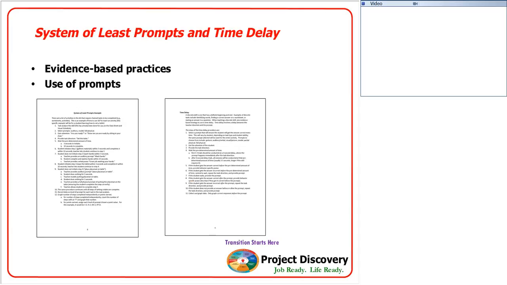All right. I'm going to talk about time delay just really quick. Time delay is where you're working on something more discrete, like teaching a vocabulary word. We typically use time delay, where we ask them to point to the fork, or we ask them, what is it? And we want them to say it's a fork. So we give them a specific amount of time between our task direction and then the prompt.